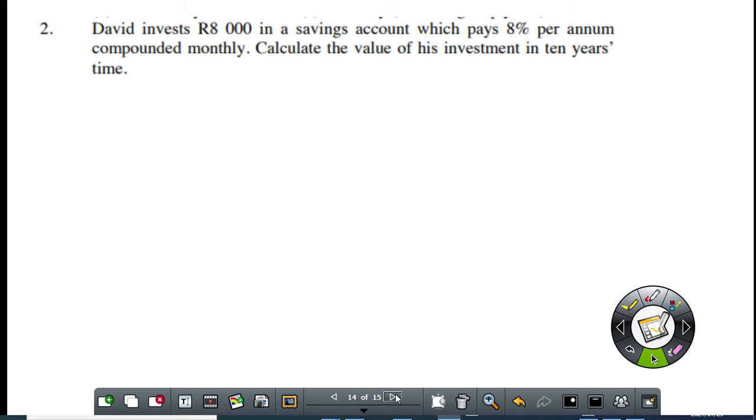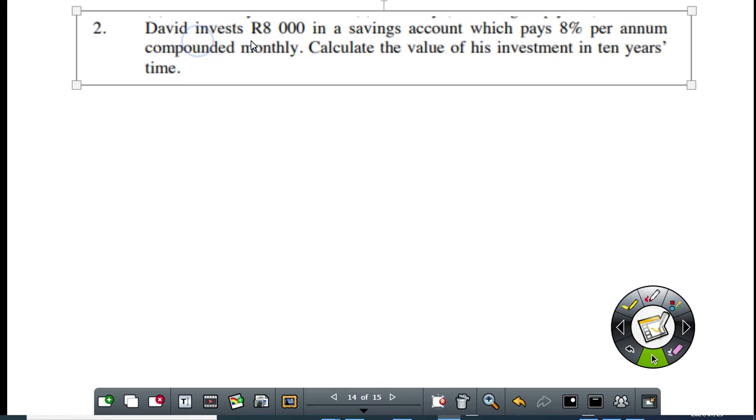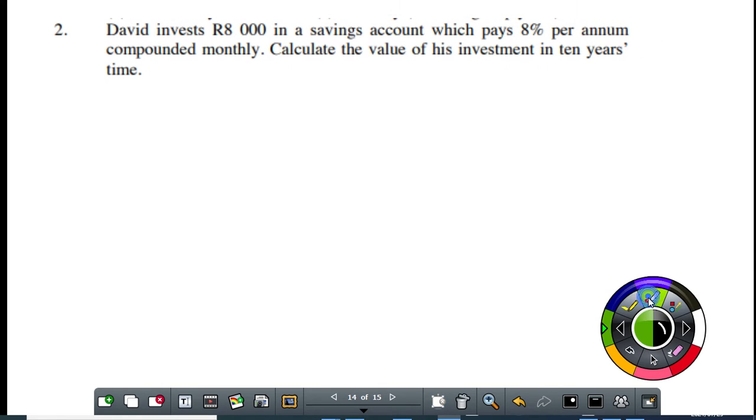So we have 8,000 rand, 8% per annum, compounded monthly. So the interest is calculated 12 times per year. Calculate the value of this investment in 10 years' time.